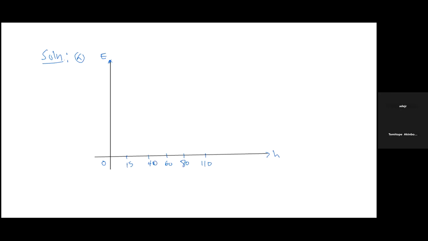Then, if you look at the values of E, we have 45, 46.8, 49.8, 52.2, 54.6, 58.2. So you can see that the value of E range from 45 to 60. So I'm just going to put up the point closely. So let's assume this is 45. Then let's assume this is 46.8.